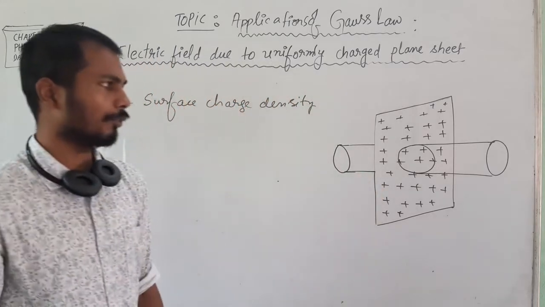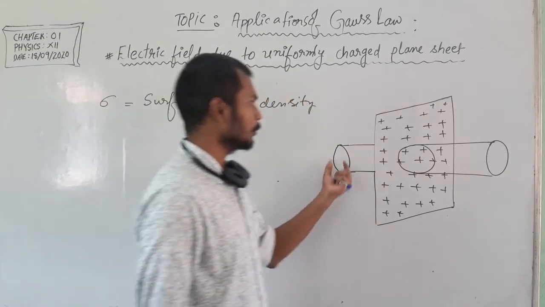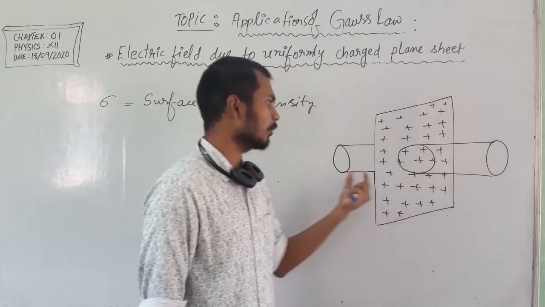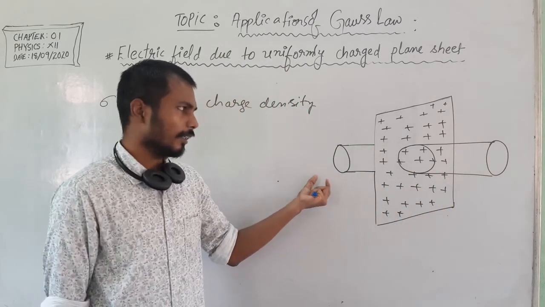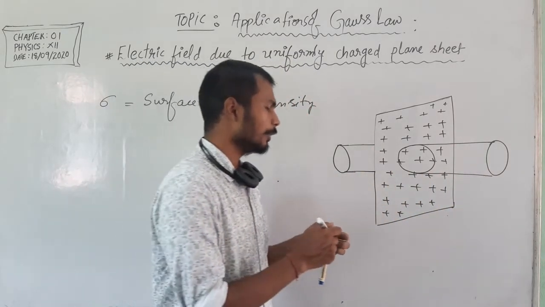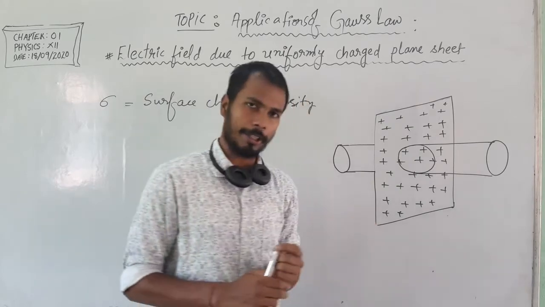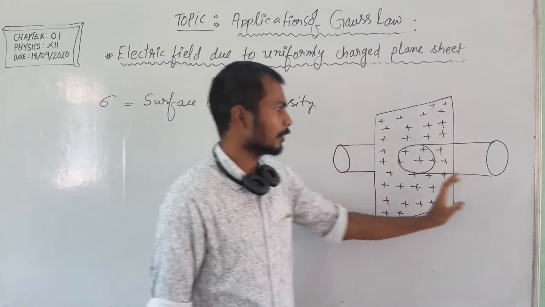These two faces of the Gaussian surface are where we are going to find the electric field. This is the Gaussian surface.